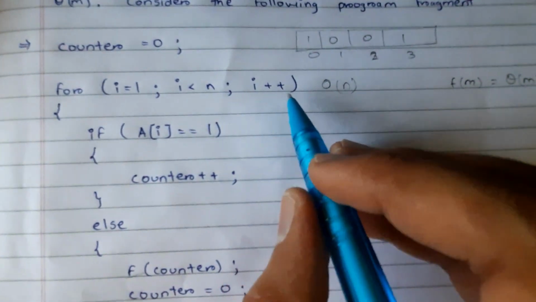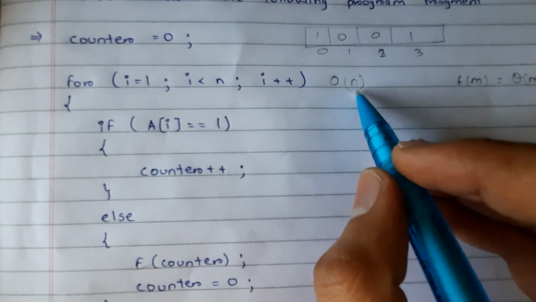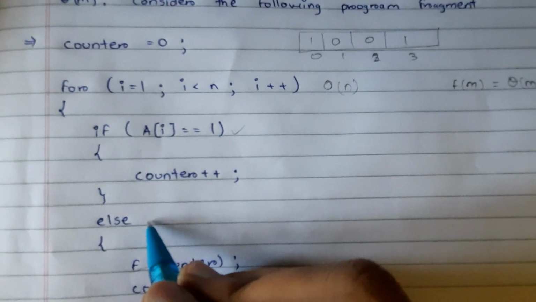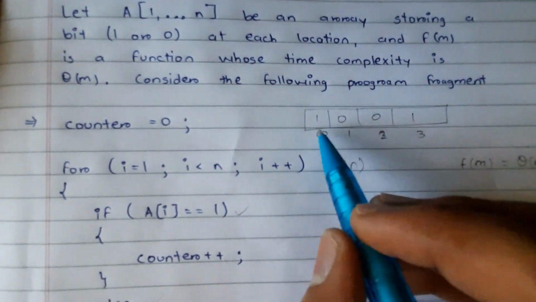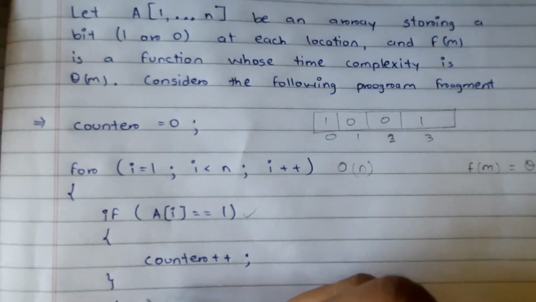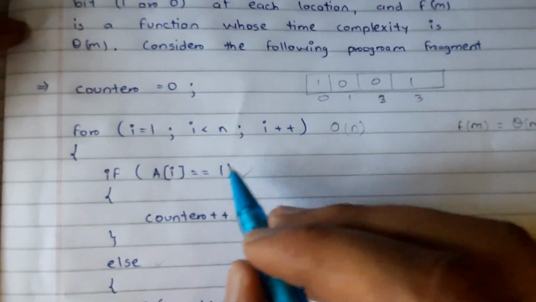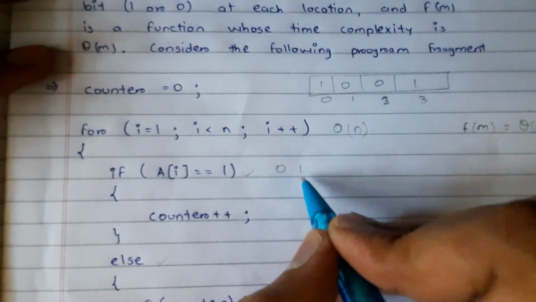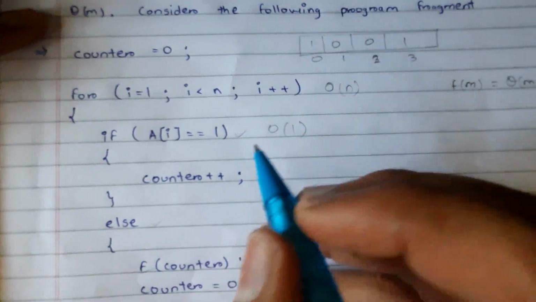Now for each element of the array, the program fragment checks whether the element is 1 or 0, because we are storing only bits 1 or 0. If not 1, then it is 0. This if condition will take O(1) time. The complexity of this if is O(1).